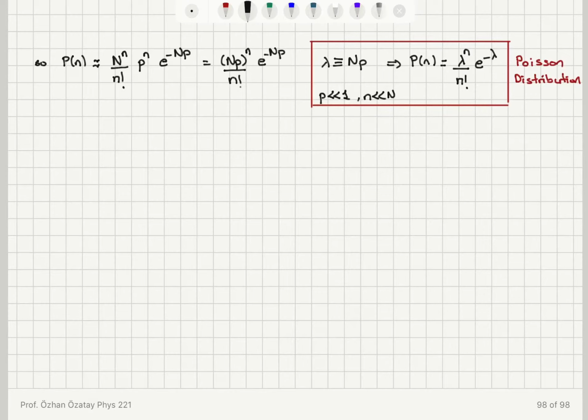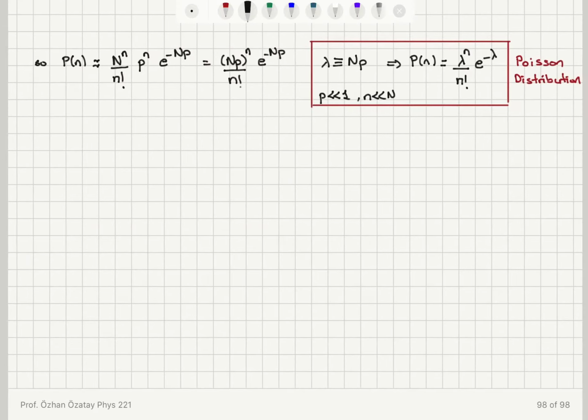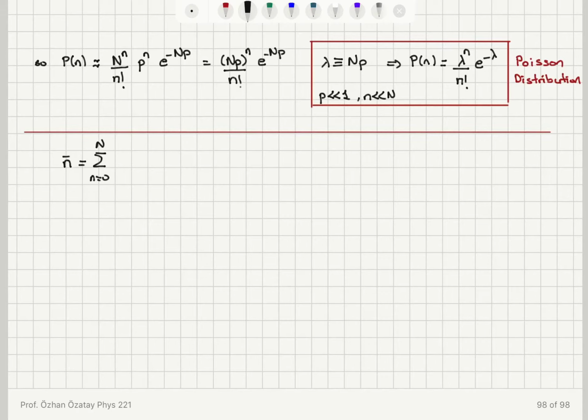Now I want to calculate the average value or mean value of n using the Poisson distribution to check the validity of this result. So let's start calculating the average value of n. For n bar, I have to go through all possible values of n from 0 to capital N, multiply n with its probability distribution.